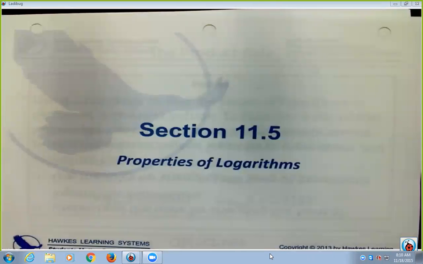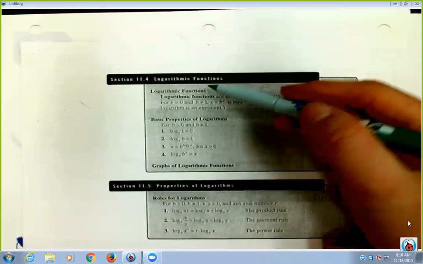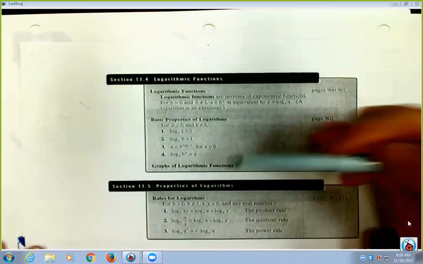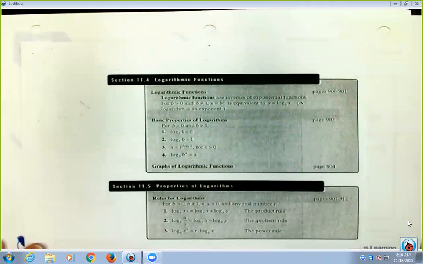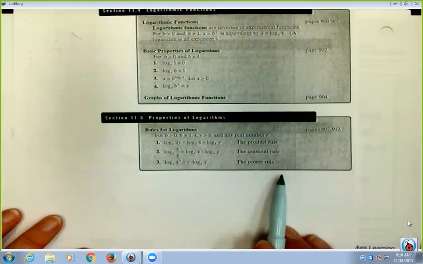Okay, section 11.5 is taking a look at properties of logarithms. And so we've got more properties. If you go to that sheet I gave you on Monday, that sheet had not only the properties from 11.4, and a lot of these we turned back into exponential form and we can solve our answers with those. These, on the other hand, are ones we're going to use.